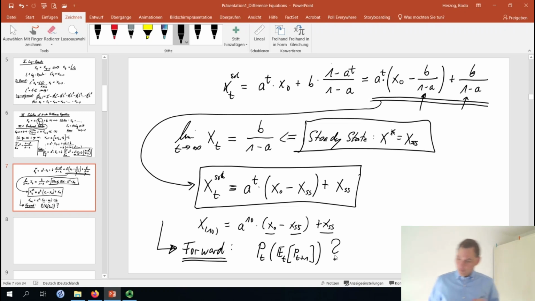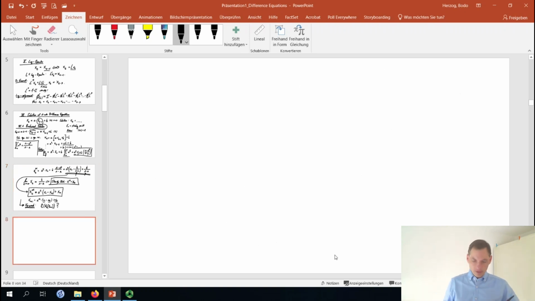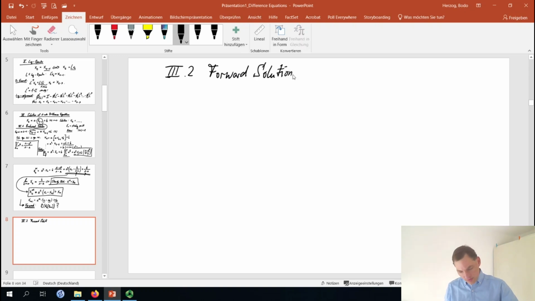Okay, so the final point when we talk about solution methods is how can we do it if we apply the so-called forward methodology. So that's my third part, 2, which is the solution methods, but here the forward solution. And of course, you can imagine that this works almost in parallel to what we have discussed, just the other way round.